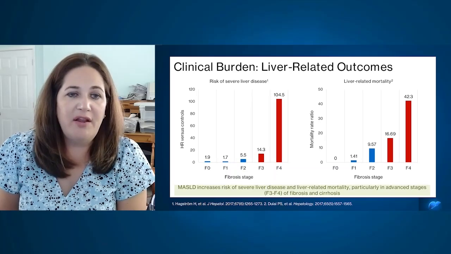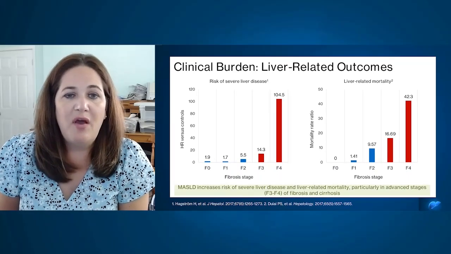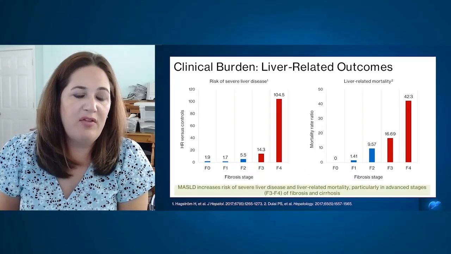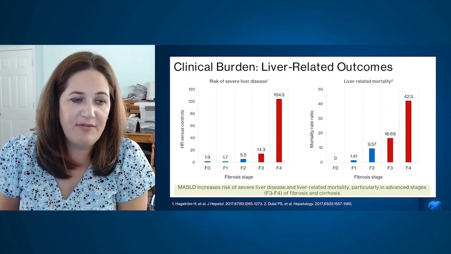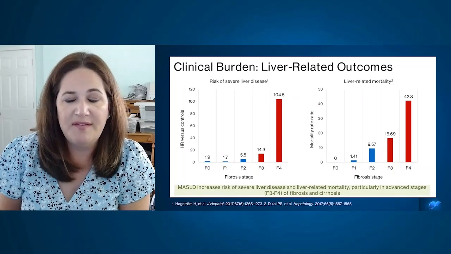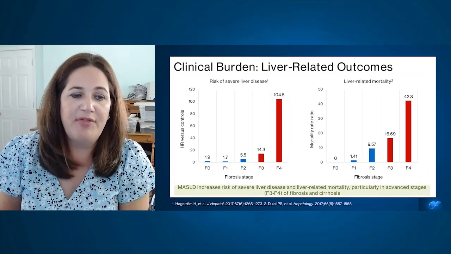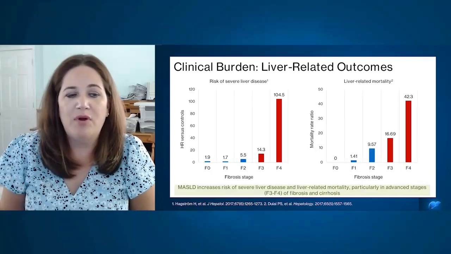This is a slide looking at a comparison of the risk of severe liver disease with the liver-related mortality. So if we look at those fibrosis stages, fibrosis stage F0, F1, those are early stage fibrosis. F2 and F3 are getting worse, but those are still times where it's reversible.